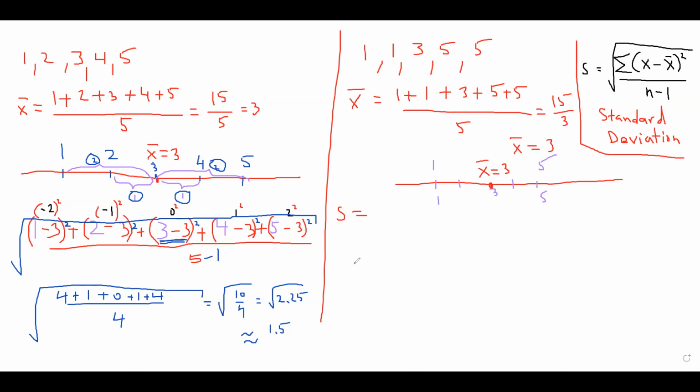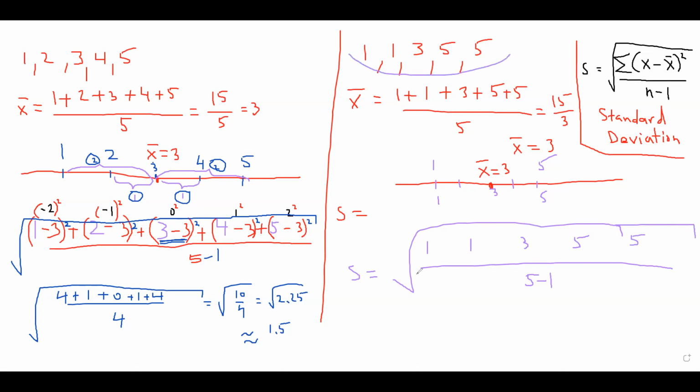So when I try to get the standard deviation, I'll be extracting the square root, and the denominator is 1 less than 5, right? So I take each element of the sample, 1, 1, 3, 5, and 5, and subtract from each of the elements my number 3, my sample mean, just like that.